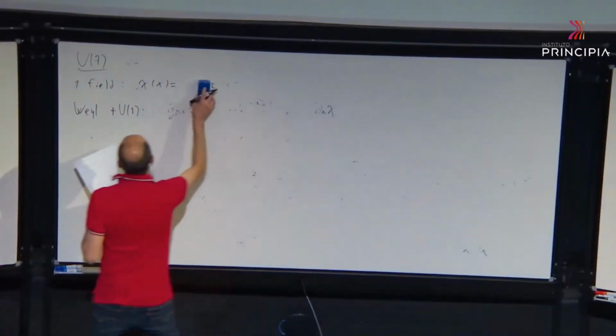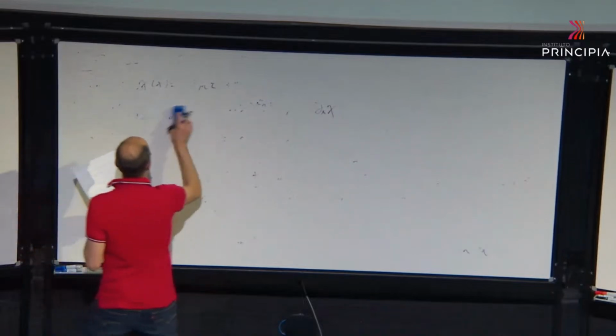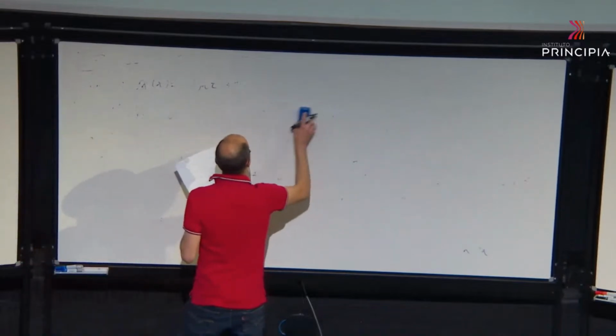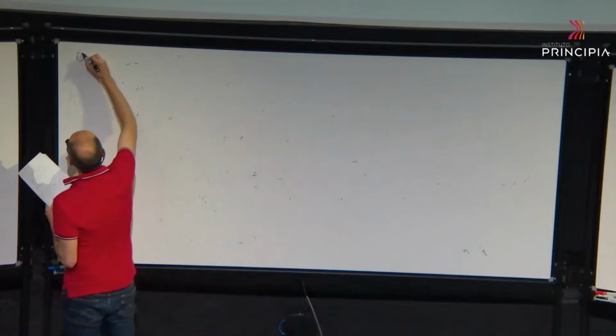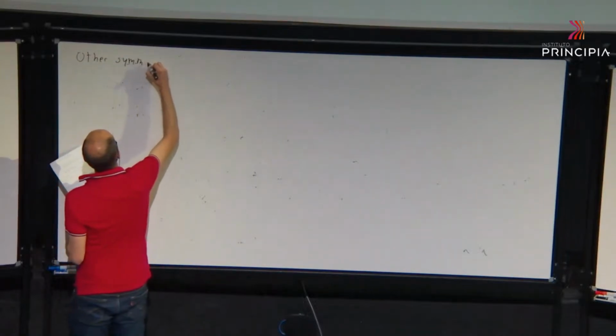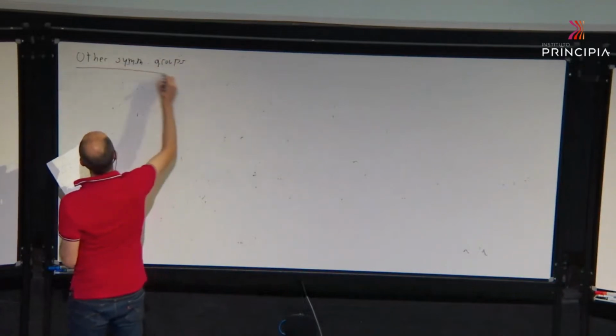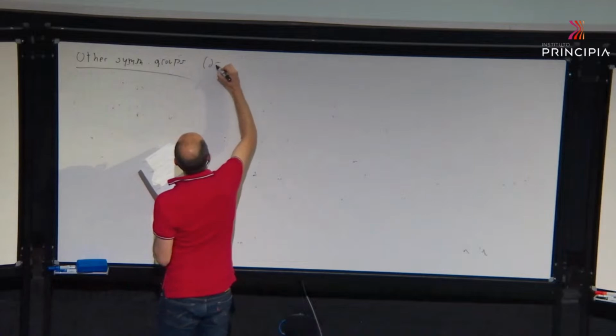Good. Okay, so let's go to the non-abelian case, which will be slightly less discussed and sometimes slightly more confusing. Other symmetry groups. From now on, I'll set d equal 3, so Slav is happy.